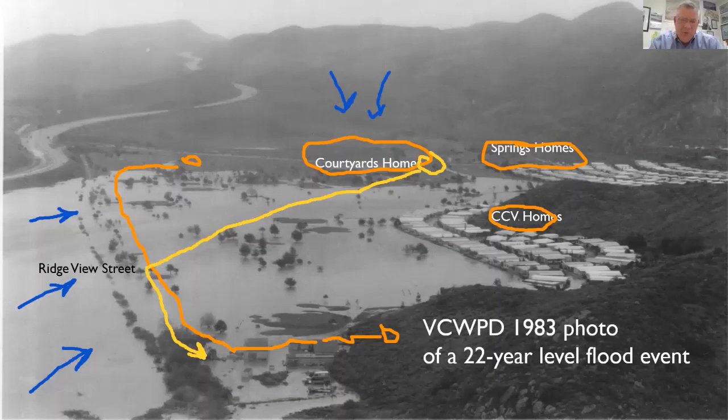So the yellow line represents the upstream circle, the debris basin, and then the line represents the bypass culvert, the 6-foot high, 10-foot wide bypass culvert that keeps the high flows from the Camarillo Springs portion of the watershed from coming into the North Golf area and impacting the Springs and the CCV and the Courtyard homes.